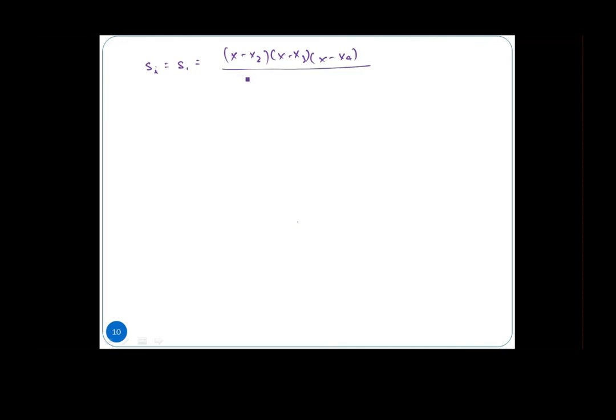So x1 minus x1 we also omit, so we have x1 minus x2 onwards, x1 minus x3, x1 minus x4.